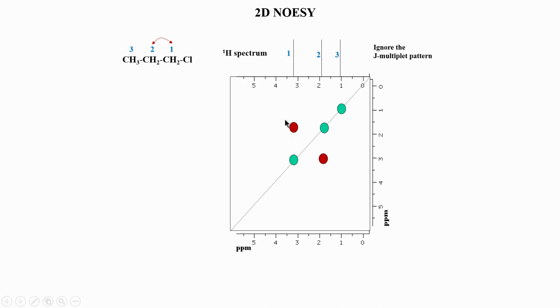So, by looking at the intensity or integral of this peak, I can also estimate the actual distance between the 2 hydrogens. We will see that part later when we come to the structure calculation of proteins and biomolecules, where we actually do that. We need distance information from NOESY, and that is based on the area integral of the peak.